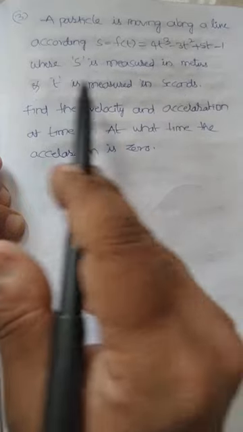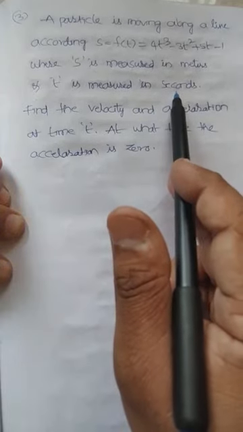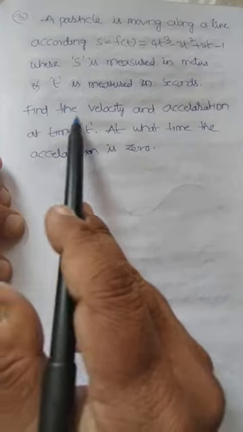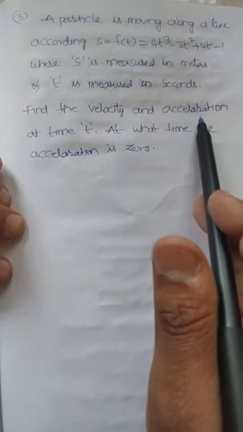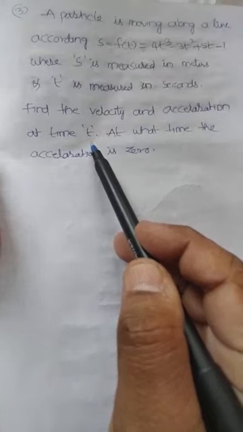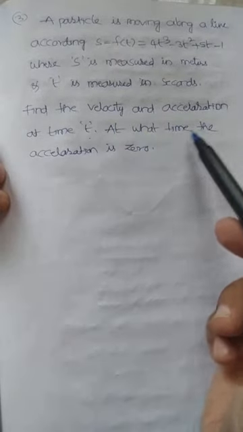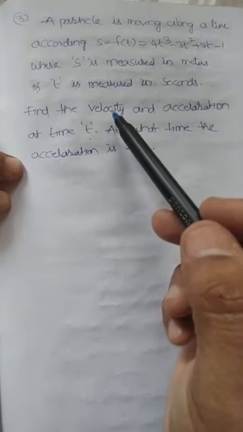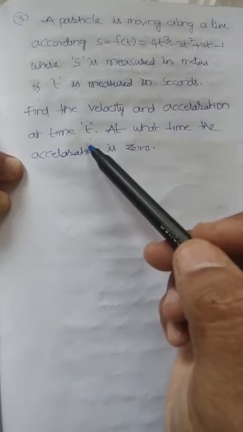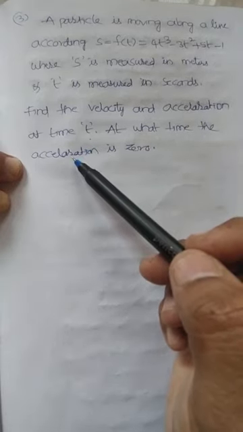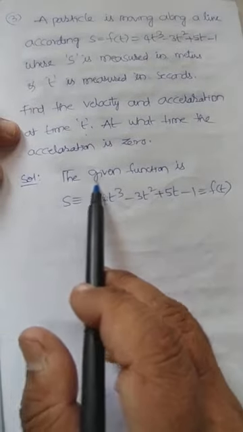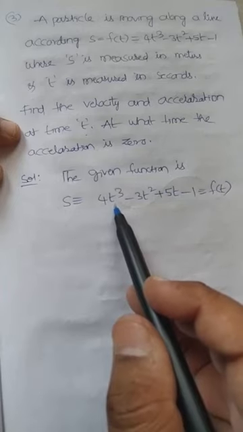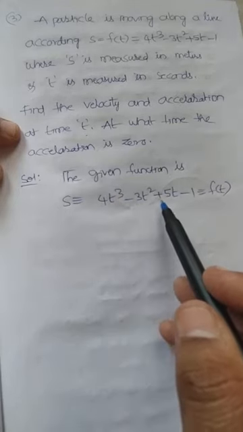We have to find the velocity and acceleration at time t, and at what time the acceleration is 0. In the solution, the given function is s = 4t³ − 3t² + 5t − 1.